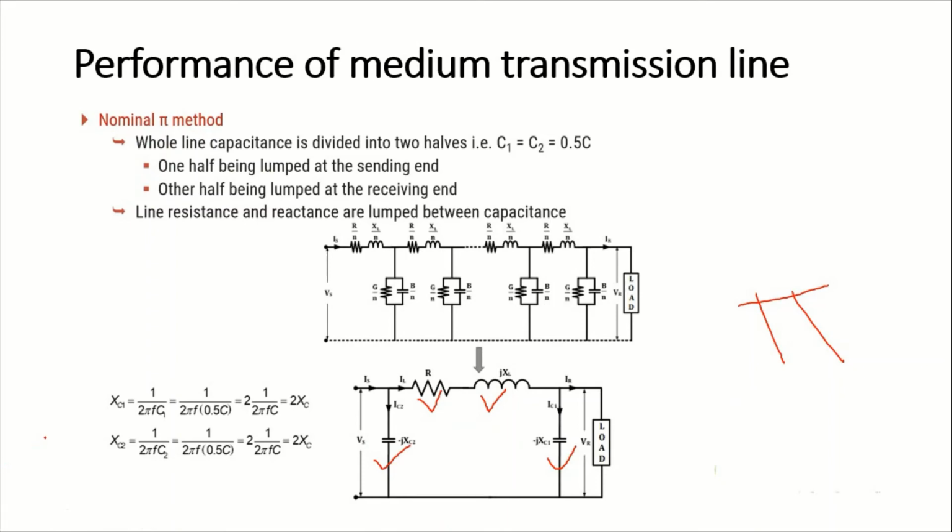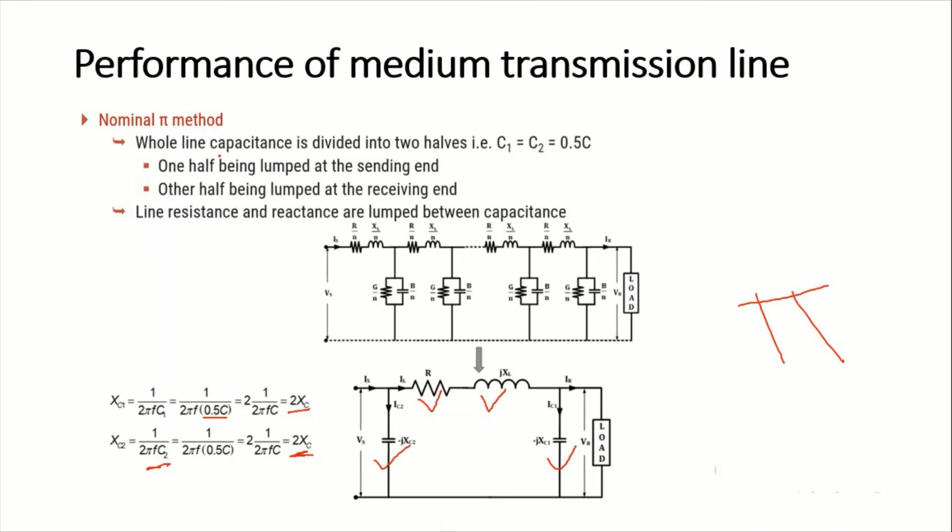Okay, now XC1, the reactance of the shunt capacitance, is 1 upon 2 pi f C1, and here the capacitance value is half, so it can be written as 0.5 C. So it is 2XC. Again XC2 is equal to 1 upon 2 pi f C2, and the value of C2 is 0.5 C, so it also becomes 2XC.